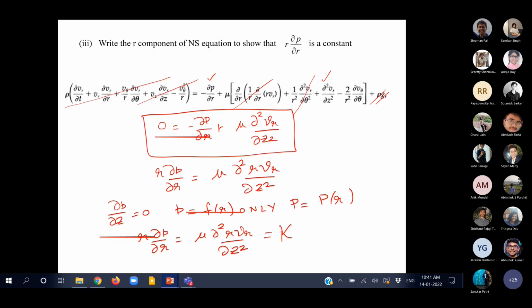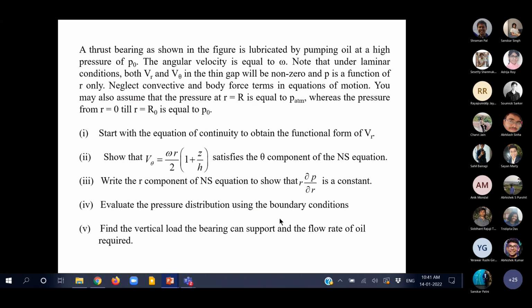For example, many times the equation of continuity plays a very important role, at least to give a functional idea of the form of one of the velocity components. This is something which has been provided. Many times you wouldn't be able to solve for this velocity profile completely, but your experience tells you that it could be of some form.